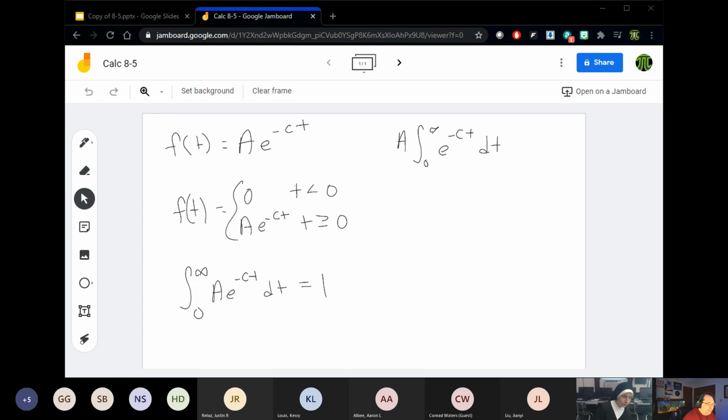Remember, c is still a constant, so I don't have to worry about it as a variable. So that c is going to come out in front. My integration is a, and then it's negative 1 over c, e to the negative ct, and that's evaluated from 0 to infinity.